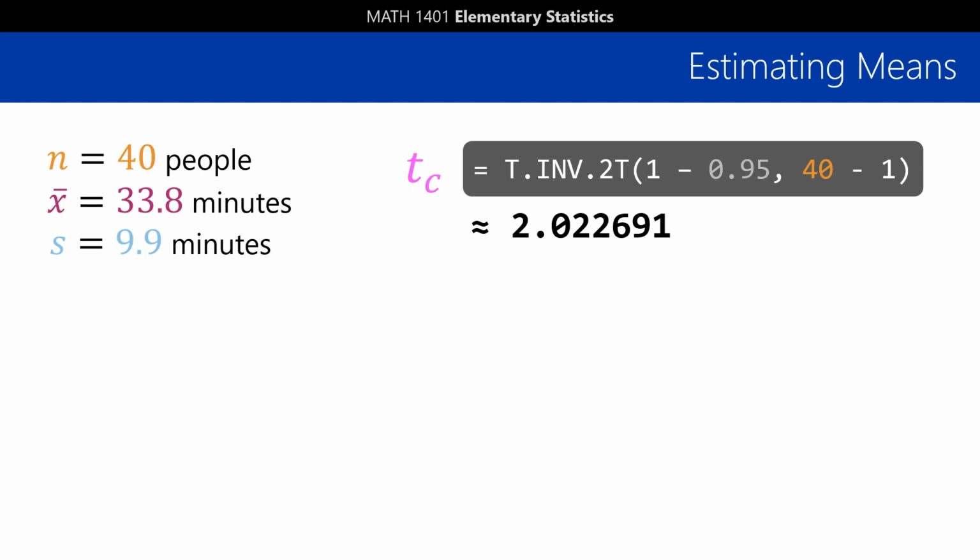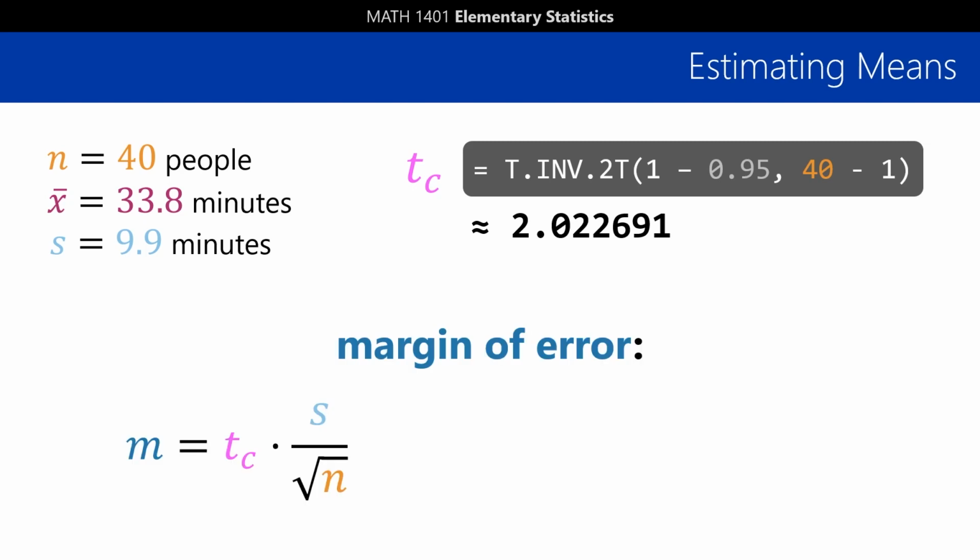We end up with a critical t-value of about 2.02. That's slightly bigger than the 1.96 we got with the normal distribution, because we're accounting for that extra little bit of variability.